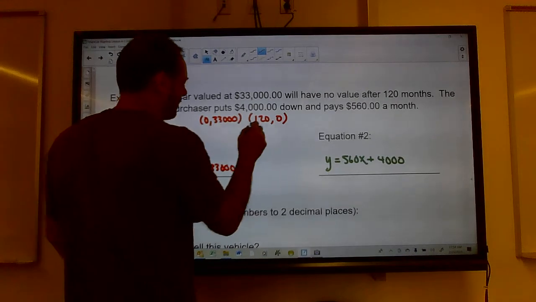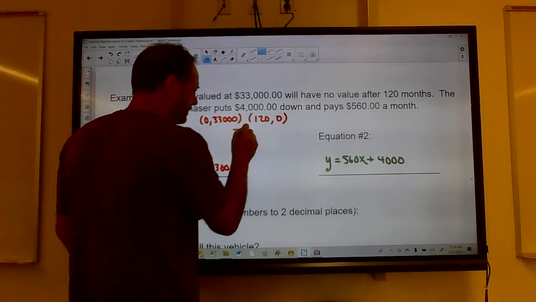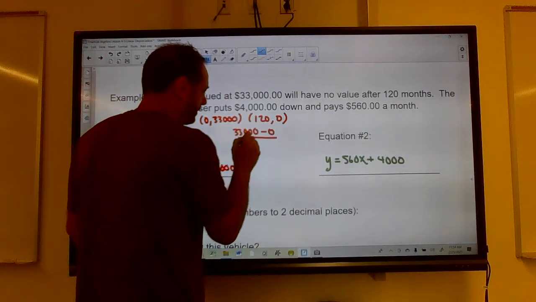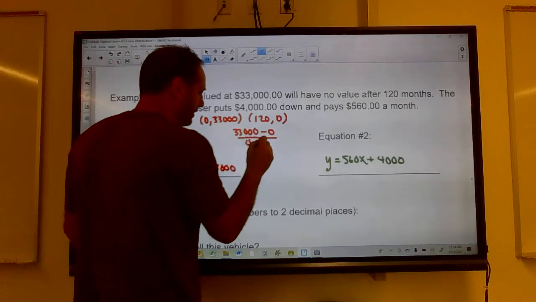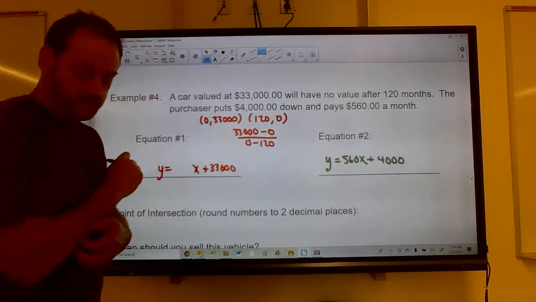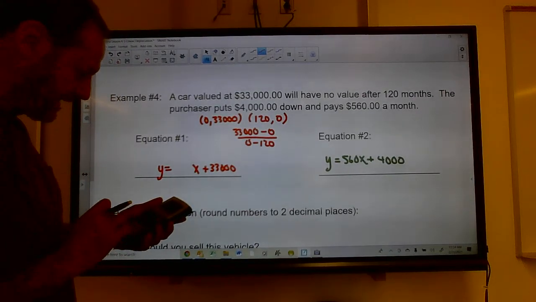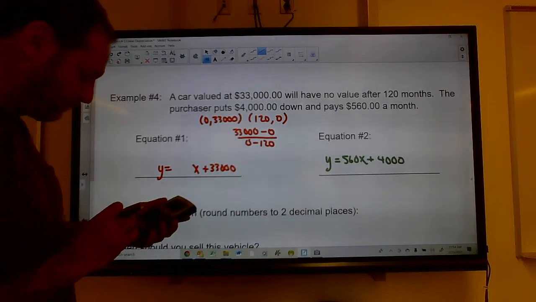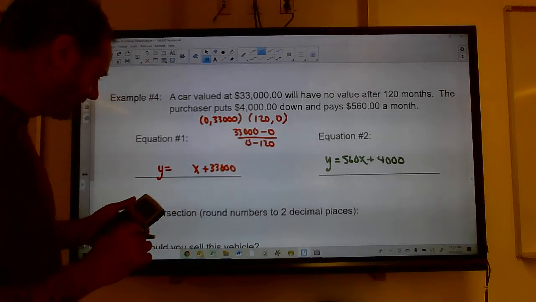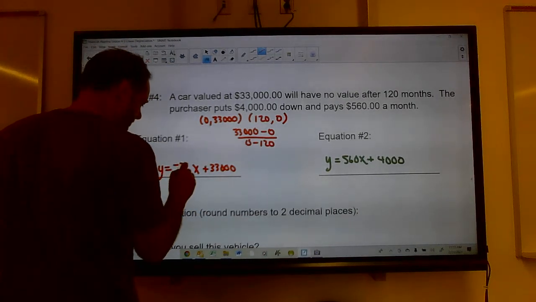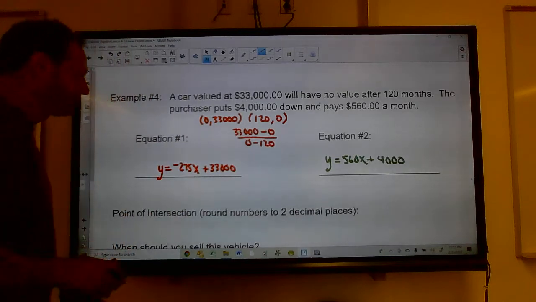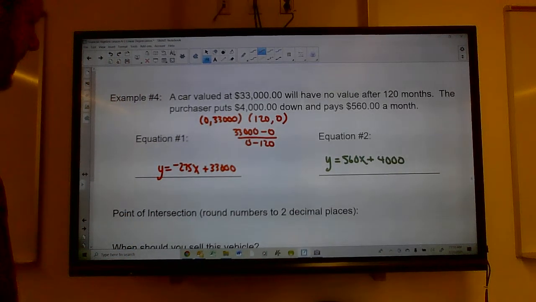So it's the difference in the y, so it's 33,000 minus 0, over the difference in the x's, which is 0 minus 120. So that's going to be 33,000 divided by negative 120. Comes out to negative 275 again. Okay, so there's my equation.